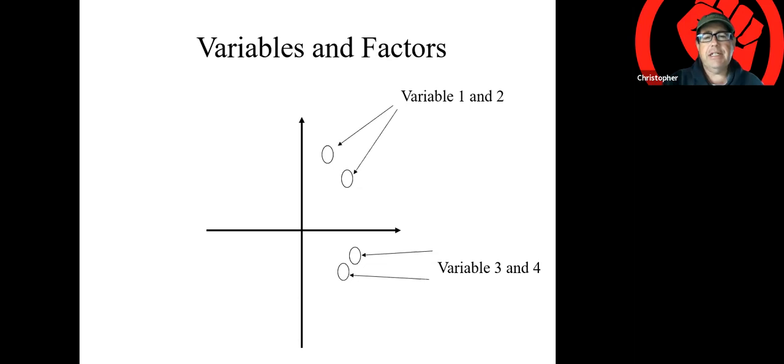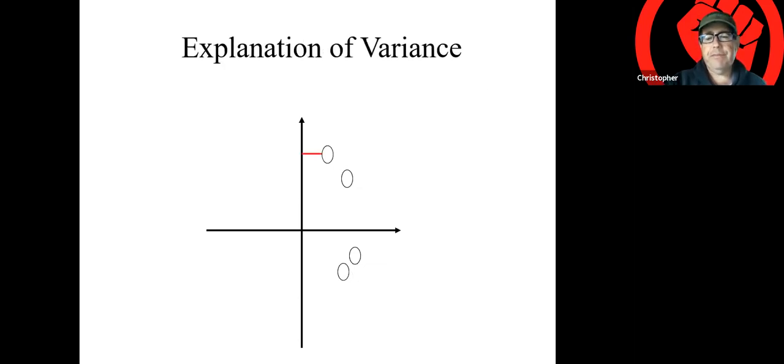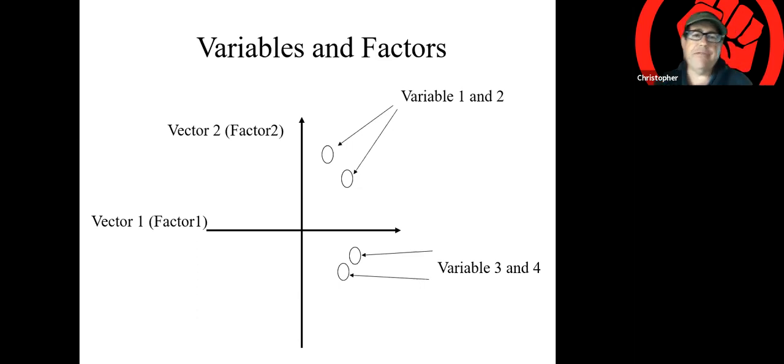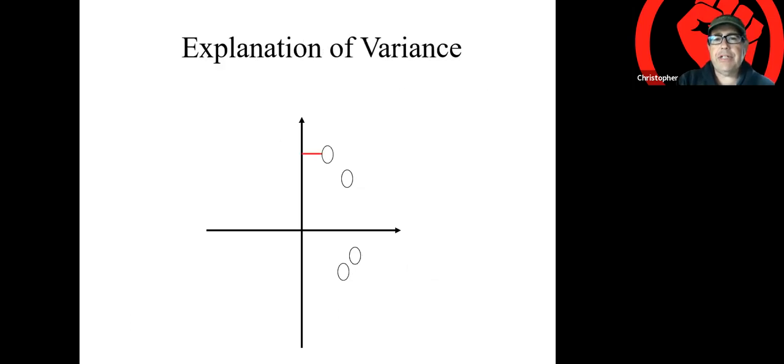In this case, we have two factors, which I've labeled with those lines. You can think of these lines as trying to predict variable 1 and 2, and trying to predict variable 3 and 4. And we can actually graph the explanation of variance on each of these in terms of the distance it is from that factor.